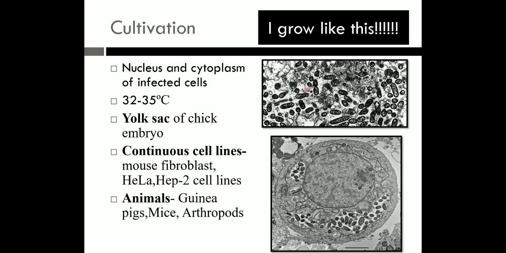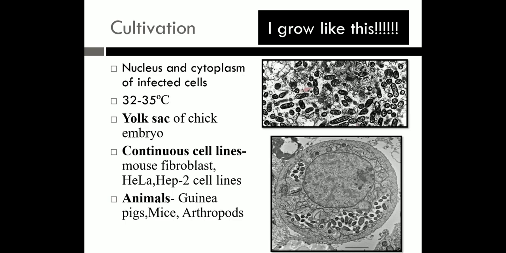Probably their growth in these cell lines might have been misinterpreted as viral organisms. So they might have been thought to be viruses, probably because they are growing in these cell lines.